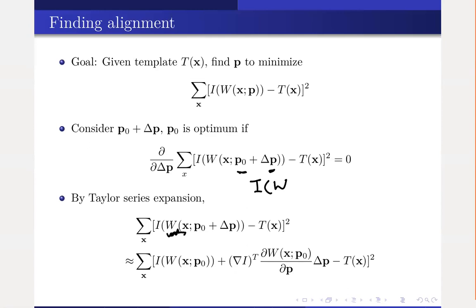Or actually, maybe I should pause for a question. I say W is a vector here, right? How many components are there for this W here?